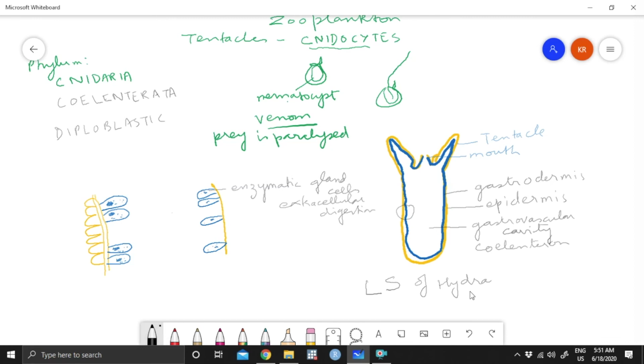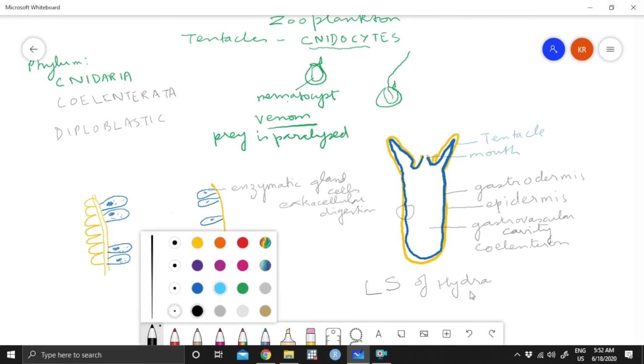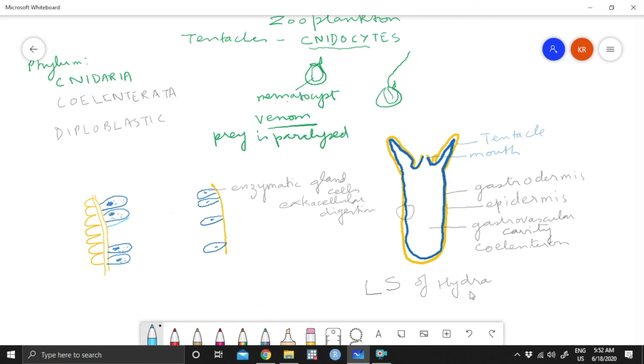Now there is another type of cell which we will show using a different color of blue, slightly bigger, something like this.